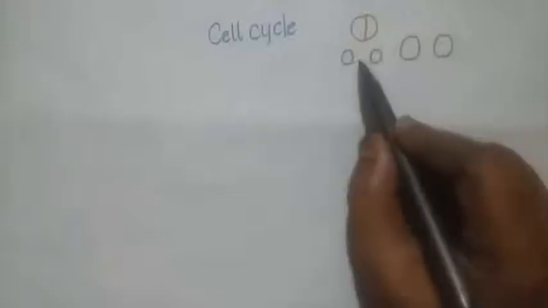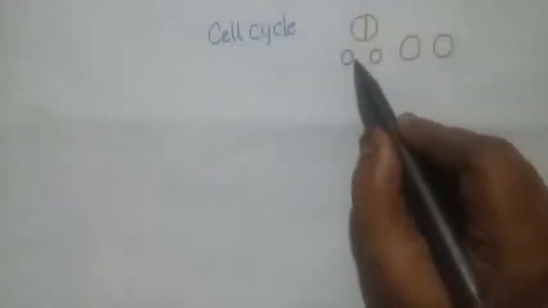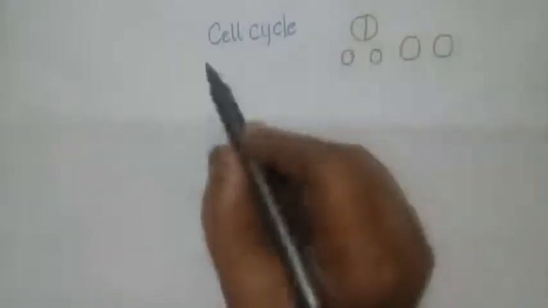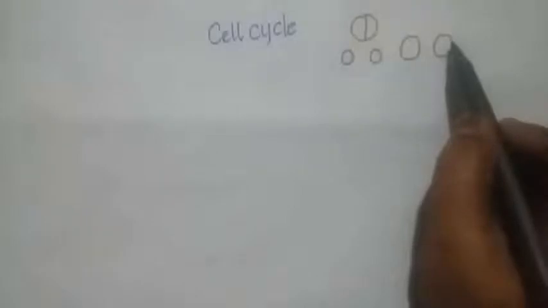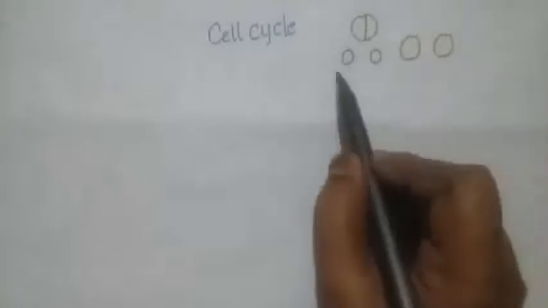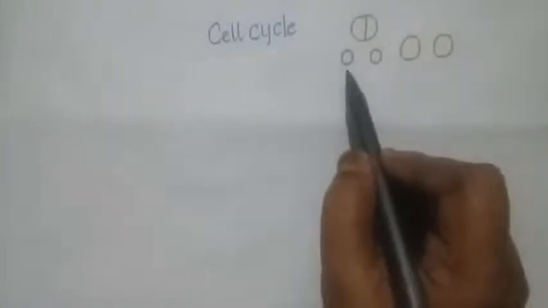So every new cell formed has to go through the cell cycle, and then the size of the cell increases just like that of the parent cell, and it undergoes a cell division.